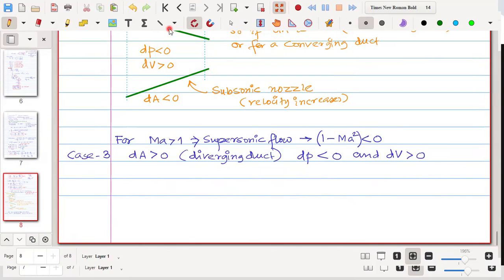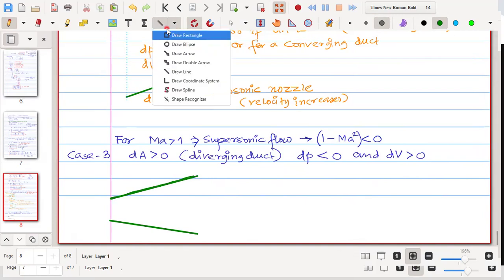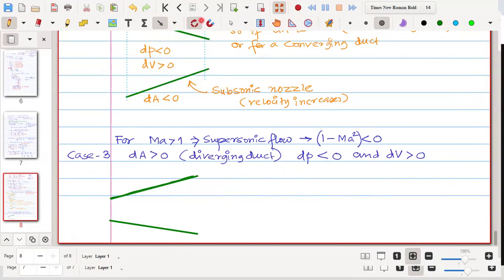Next, we have area increasing. Here, this is the direction of flow.